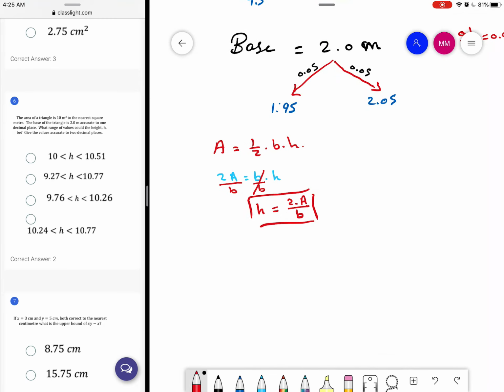So to get the upper bound of h, for example, of the height, how can I get it?